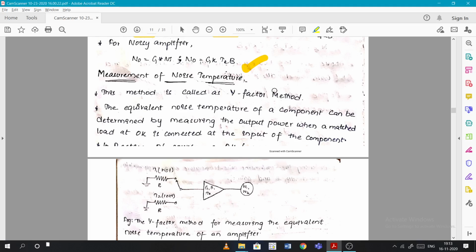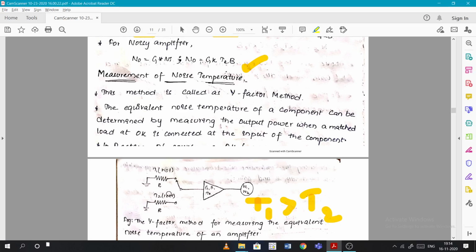In RF we always take T1 as the higher temperature and T2 as the lower temperature, so T1 is always greater than T2, and the difference should be huge. For example, the hot temperature could be some kilo Kelvin, suppose 200 kilo Kelvin or 100 kilo Kelvin, but the colder temperature will be like 77 Kelvin. See how much difference. That much range should be there at least.